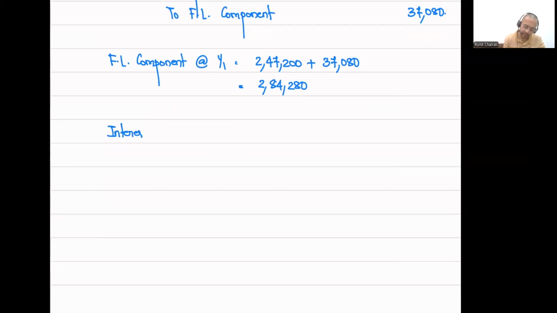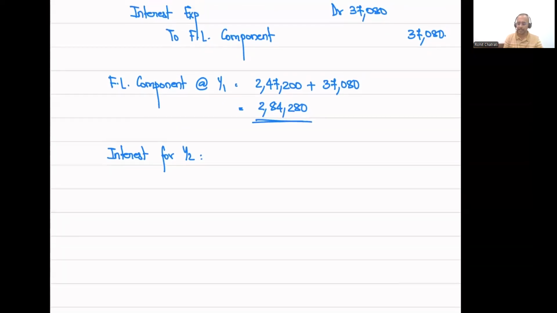Now, interest for the second year is going to be calculated on this 2,84,280. I'm going to calculate interest for the second year based on the closing balance of year one. So interest for year two will be 2,84,280 multiplied by 15 percent, which is equal to 42,642.